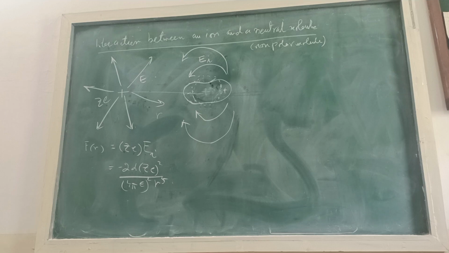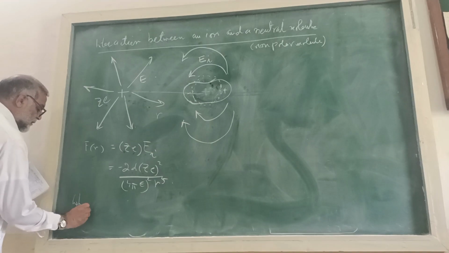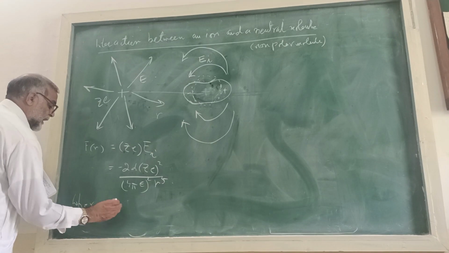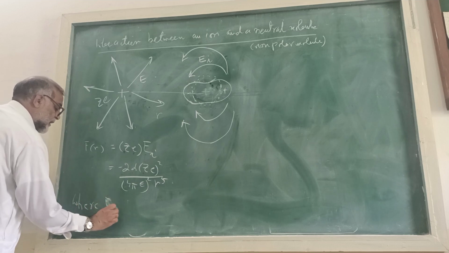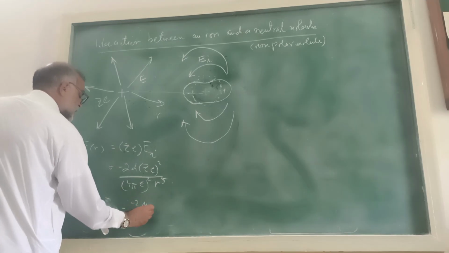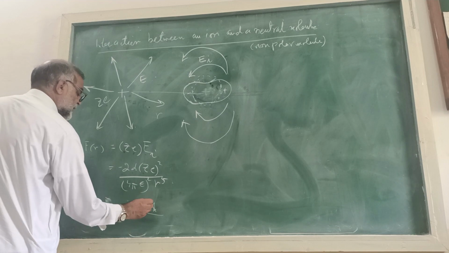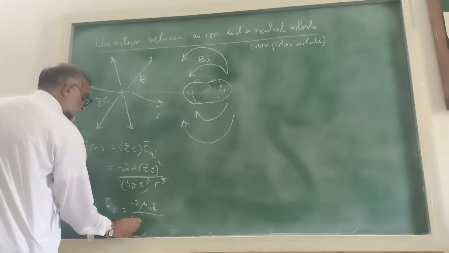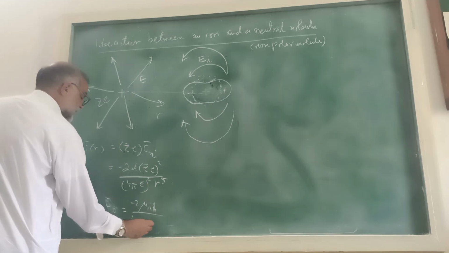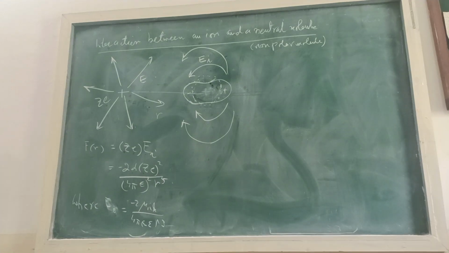We know from the previous discussion that EI is equal to minus 2 induced dipole moment divided by 4 pi epsilon R cube. That is the EI.